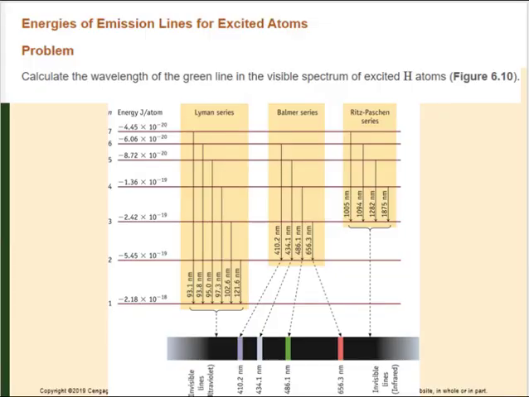All right, let's do another practice problem to wrap up this lesson. I want to calculate the wavelength of the green line in the visible spectrum of excited hydrogen atoms. So we need to look at this figure. Here's our green line, and if I follow it back, it comes from hydrogen atoms going from n=4 to n=2.